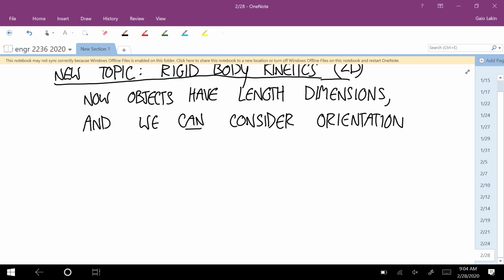Okay, so for rigid body kinetics, well, first let's think about particle kinetics. What's the equation of motion in particle kinetics that relates kinematics to the causes of motion? Newton's second law, yep. So now with rigid bodies, we have two equations of motion.